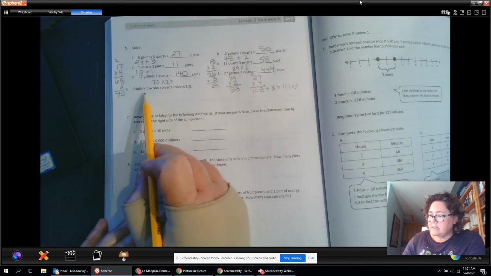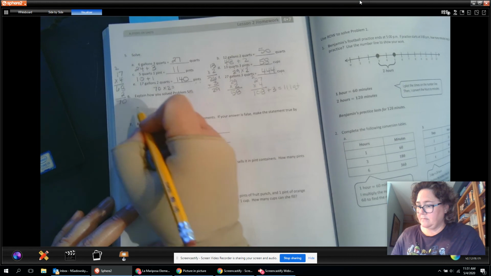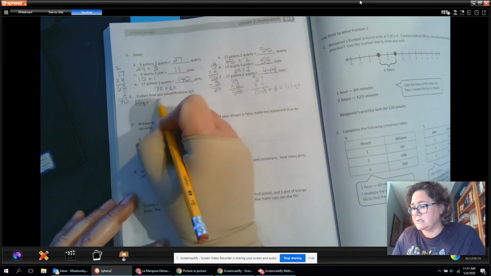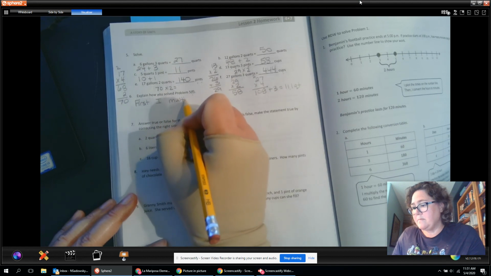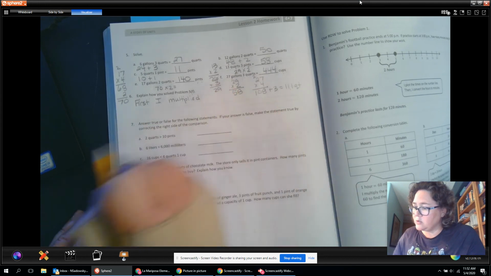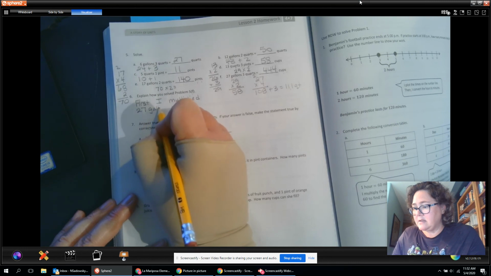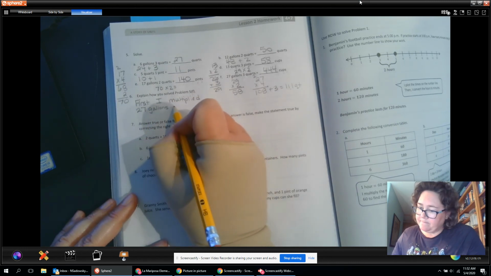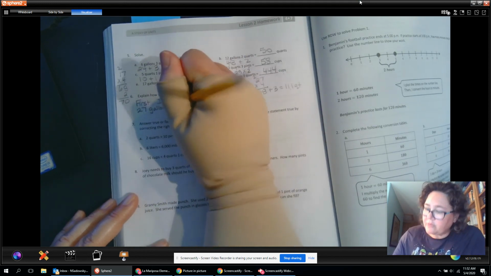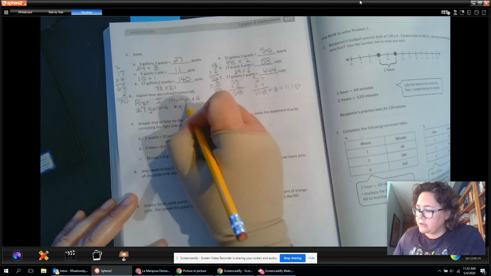On number 6, explain how you solve problem 5F. Well, all right, here goes my explaining. First, I multiplied, let's see, the 27 times 4, right? 27 gallons by, maybe I shouldn't use symbols, by 2.